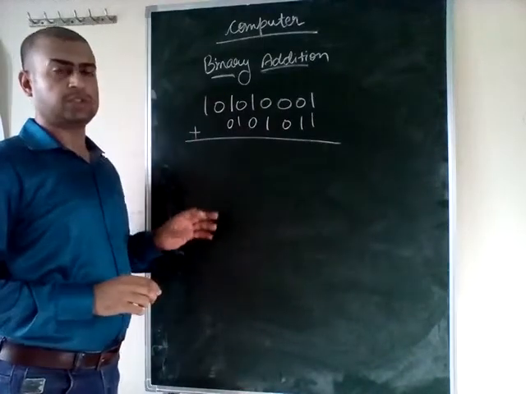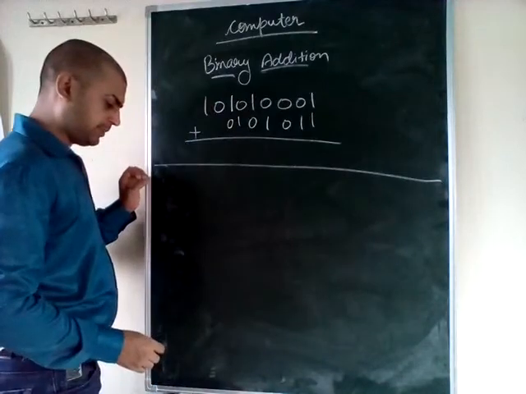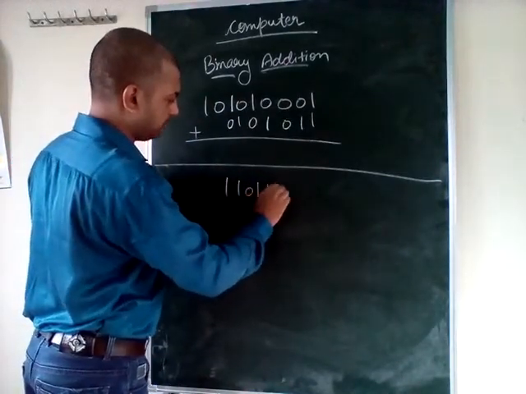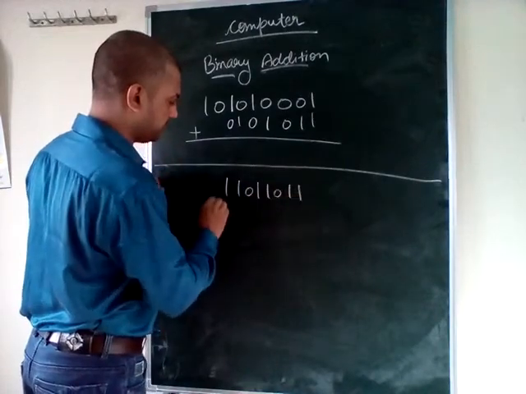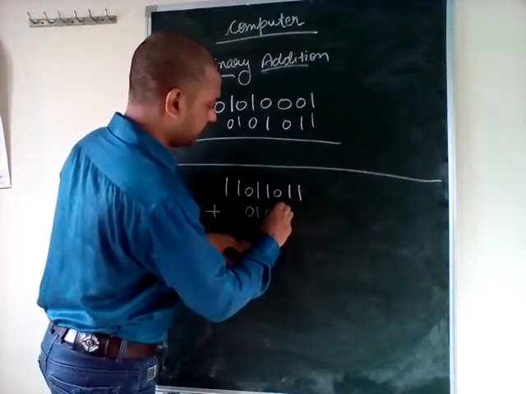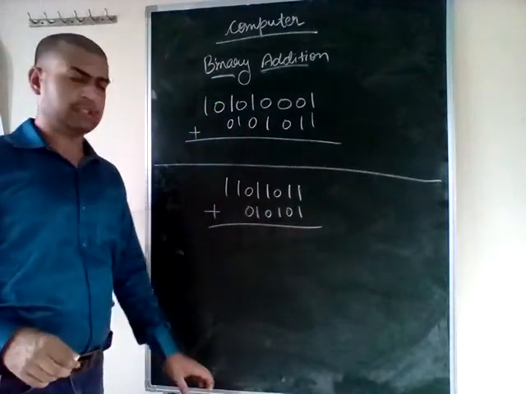You have to add this question. Now the second question, please note down. 1 1 0 1 1 0 1 1 plus 0 1 0 1 0 1. This is the second question.